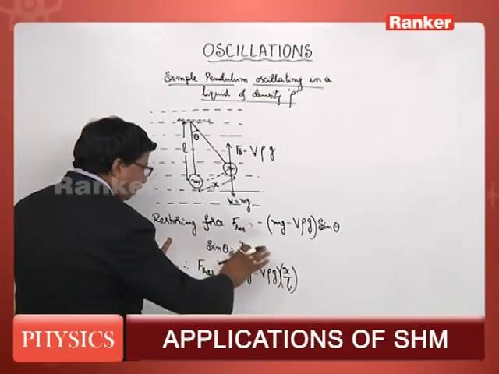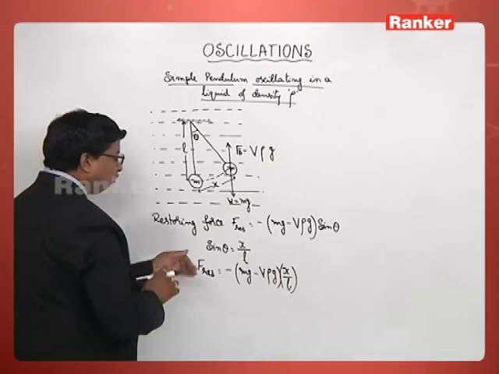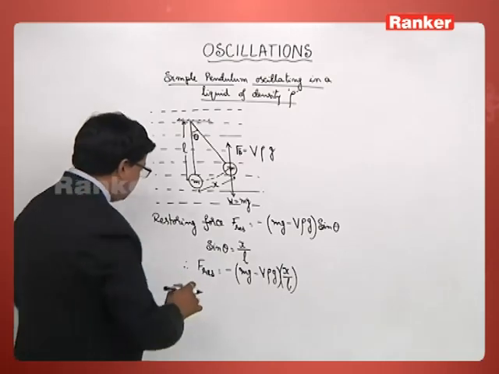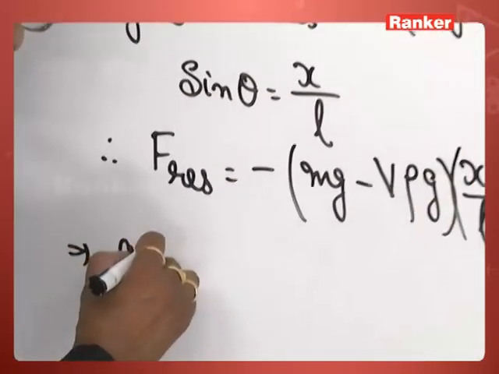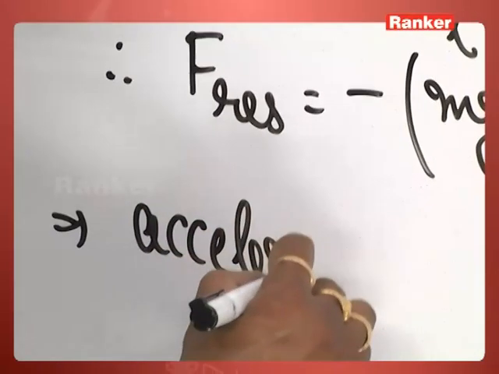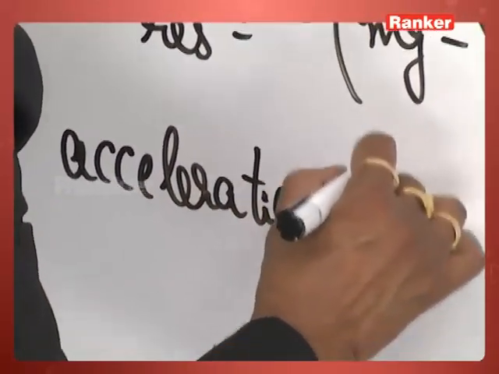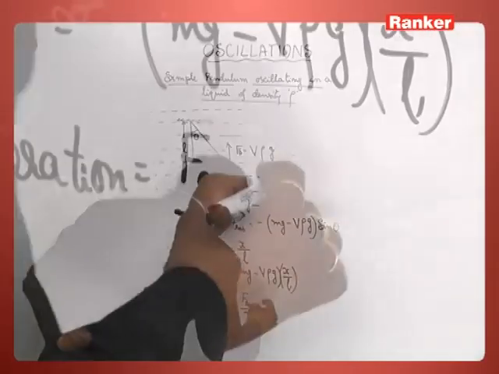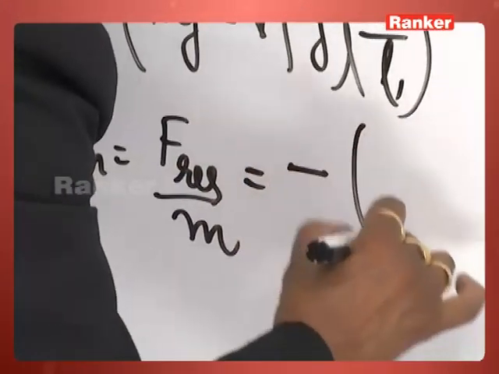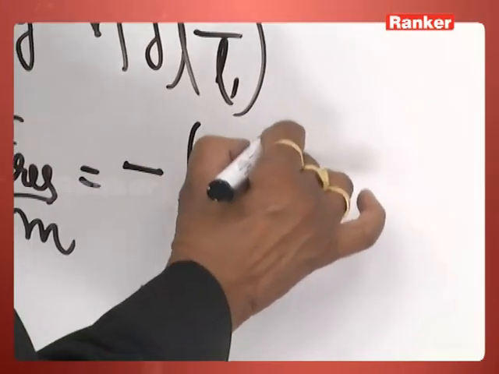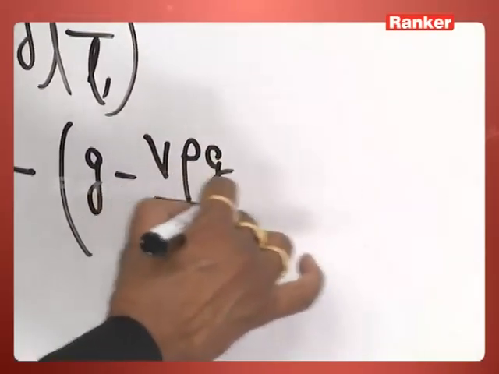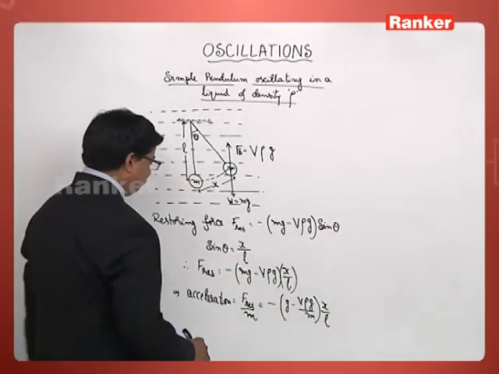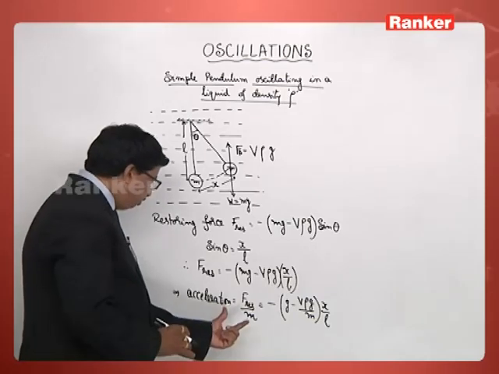But when we know this is the restoring force, what would now be the acceleration of that bob inside the liquid? So we can write this implies acceleration now becomes restoring force divided by mass. So what would be that value now? Minus (g minus V rho g by m) into x by L. That is the equation what we can get for acceleration.